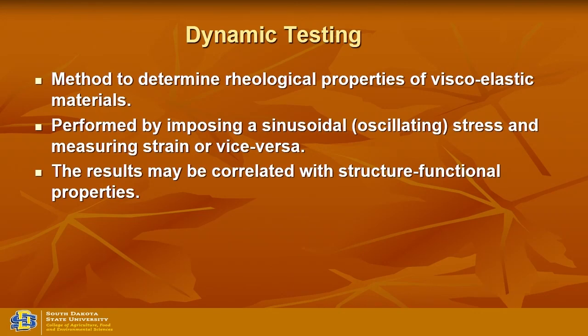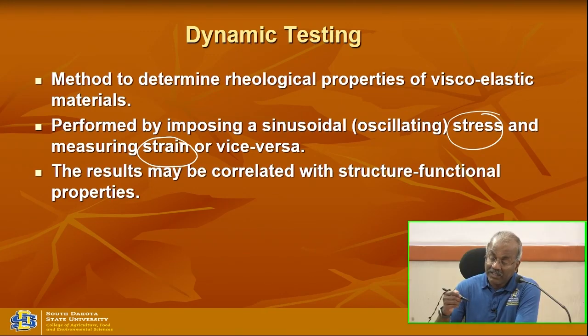In this method, you perform by imposing a sinusoidal stress and measuring strain, or vice versa. So you can impose oscillating, sinusoidal stress and measure the strain, or impose strain and measure the stress.